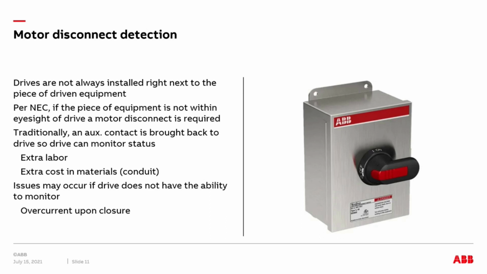And the major cost of materials is that we have to run additional conduit from the motor disconnect back to the drive. The reason is that we are using a low voltage auxiliary contact. We are not able to put that low voltage wire in the same conduit that's leading to that motor disconnect that houses the high voltage motor wires.